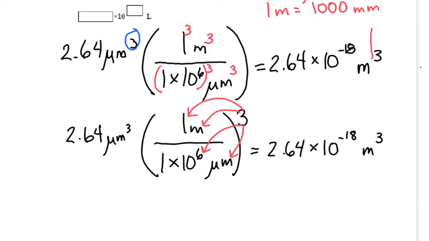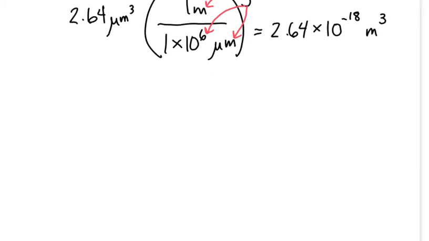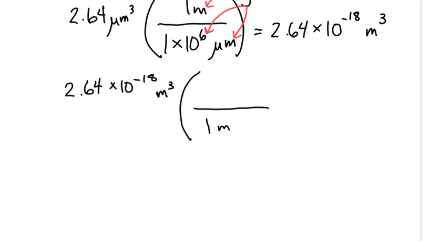Now we're going to take that meters cubed and convert it into millimeters. So again, we're going to put 2.64 times 10 to the minus 18th meters cubed. For every 1 meter, there's 1,000 millimeters. But because of this cubed, we have to cube everything.